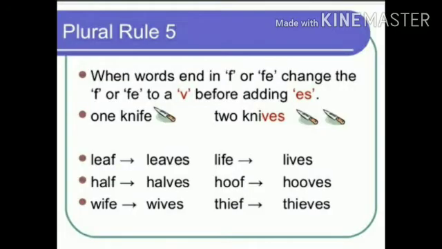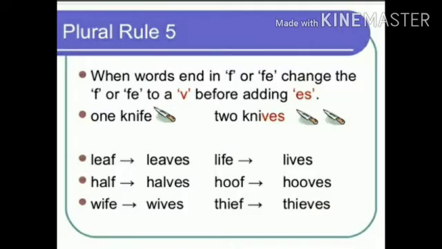Rule number 5 says, when singular nouns end in f or fe, then we change the f or fe to v, and then we add es. Leaf, following the rule, the f is changing into v, and then we are adding es to change it to plural.